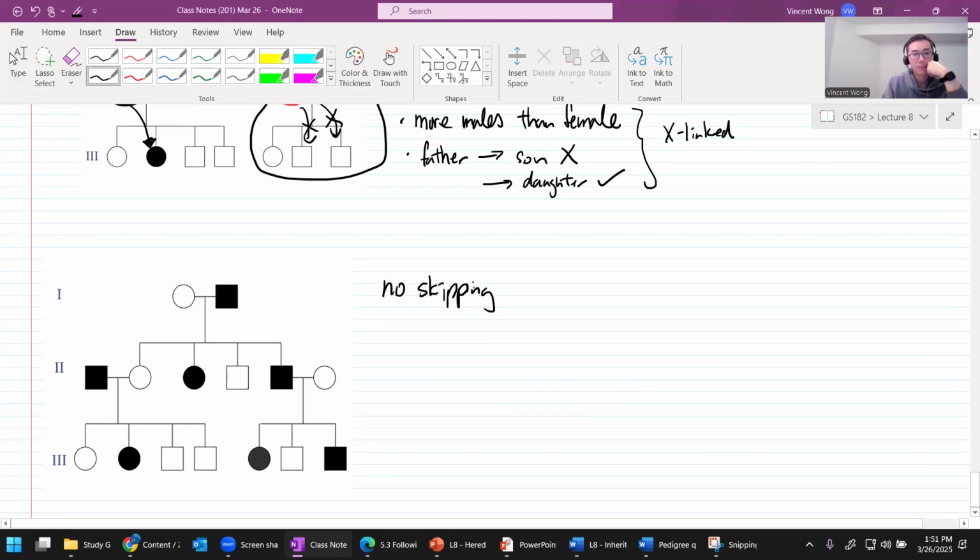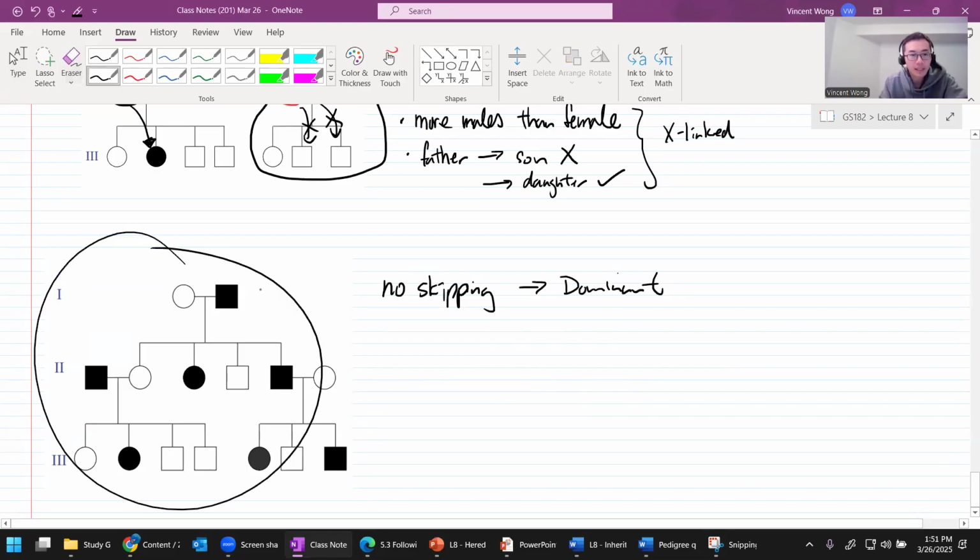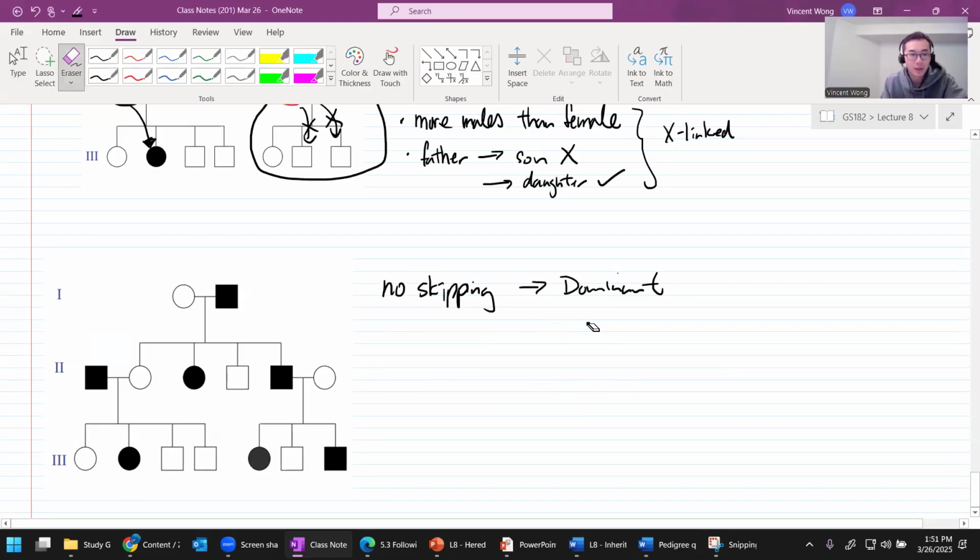If I don't see skipping, I am inclined to say it is dominant. We don't have one of those definitive cases where both parents are affected but the child is not. But just based on the number of people who are affected in the entire family, it's likely it is dominant.